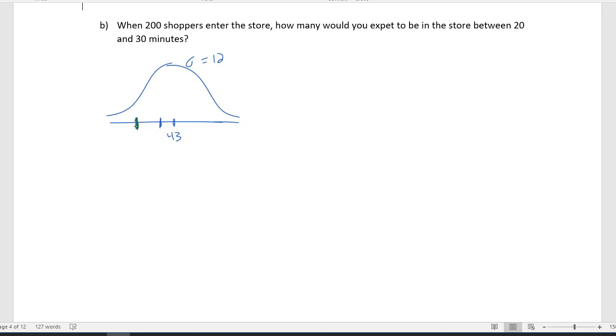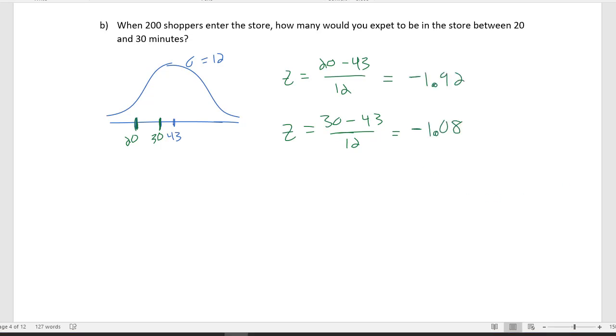We need to go ahead and find those z-scores. So the z for 20 is 20 minus the mean divided by the standard deviation, and then the z for 30, again, is 30 minus the mean divided by the standard deviation.